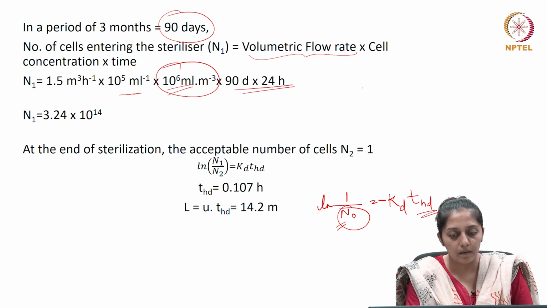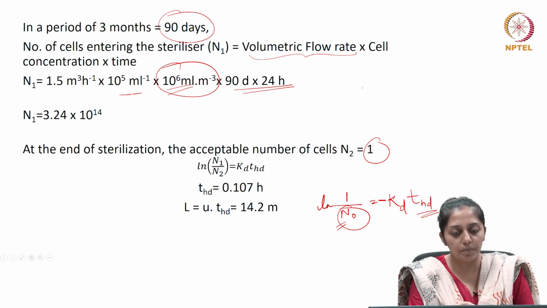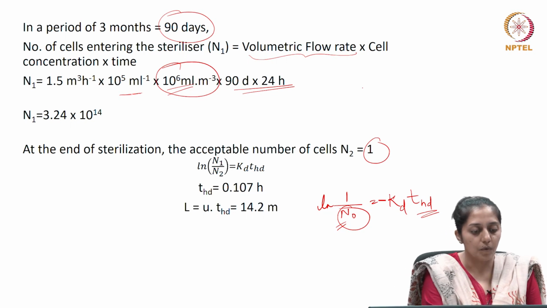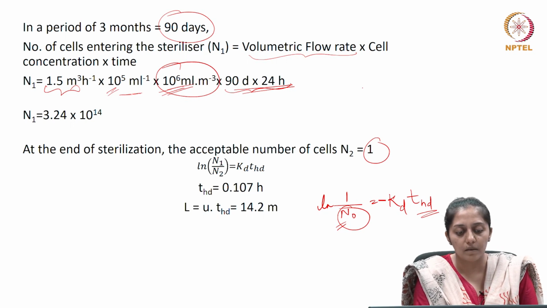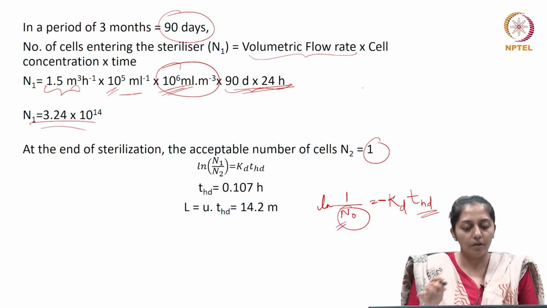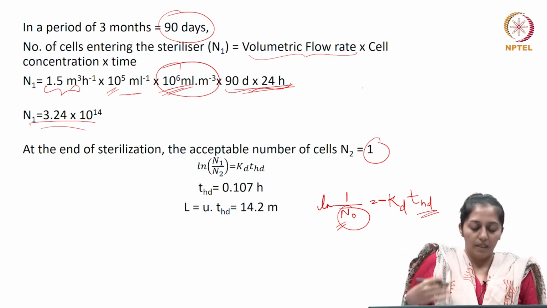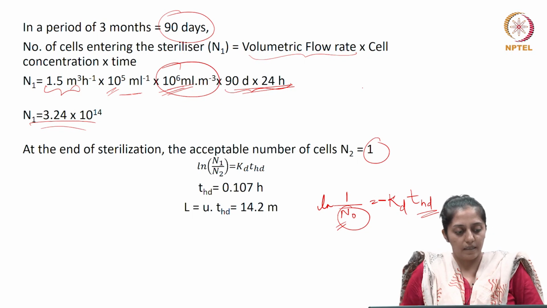If the final is one organism, the initial would be whatever number of organisms have entered in these 90 days. So we can calculate it, since the volumetric flow rate is given, total time is given, and 10 to the power of 5 per ml. Therefore we will multiply to get the total initial number of cells in the medium.